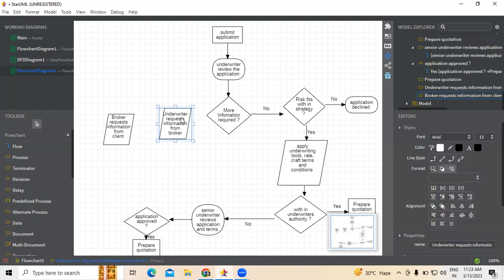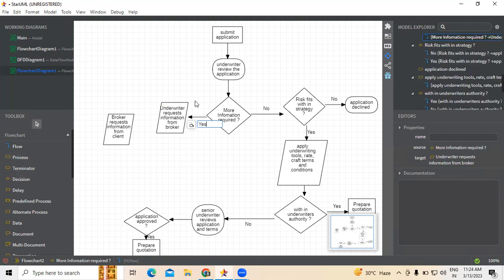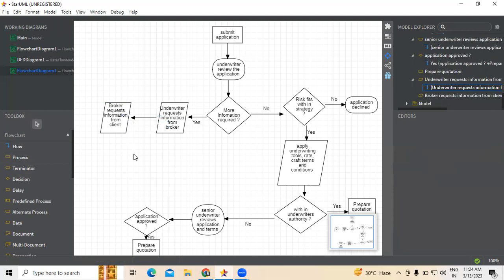If any other information is required, we consider it as yes, and from here it automatically goes into this flow, request information, yes.